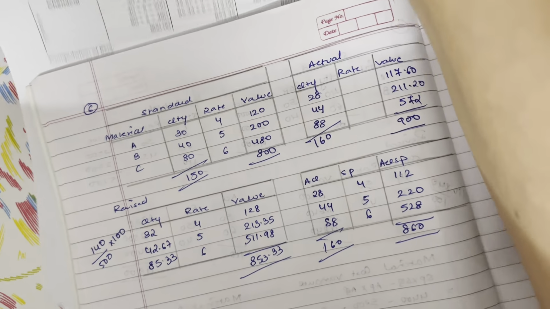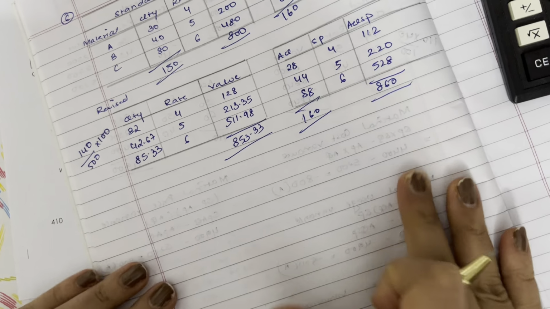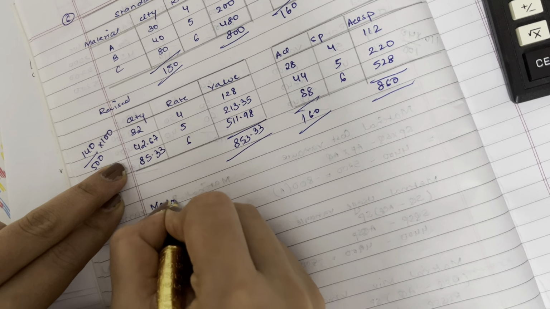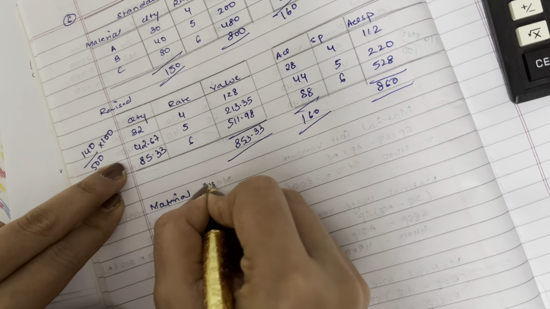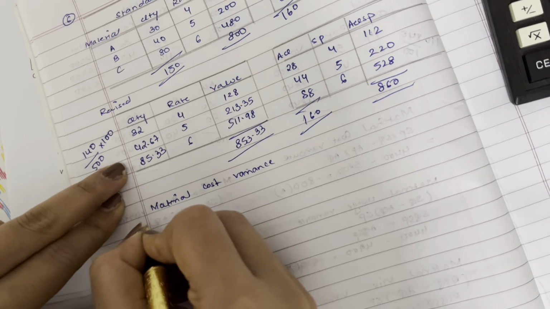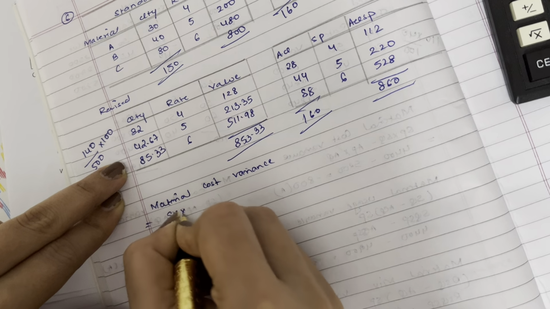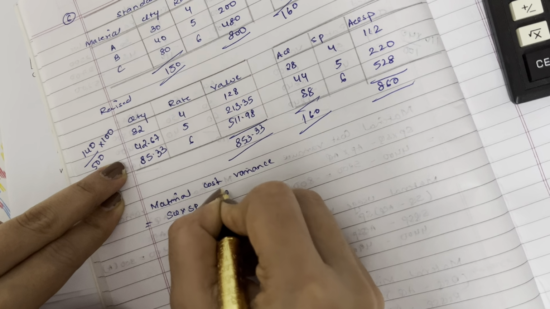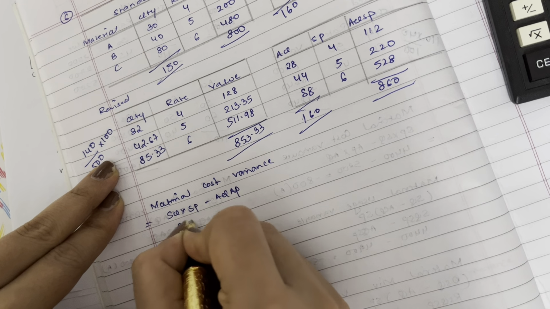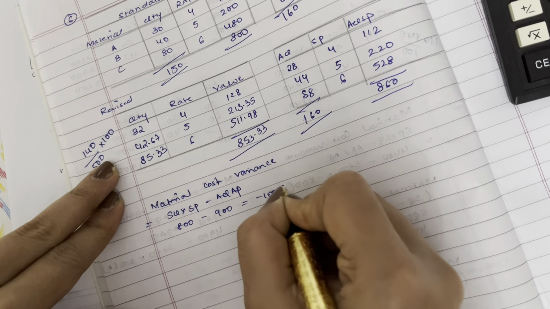Now the formula part. Material cost variance, which will be standard quantity into standard price minus actual quantity actual price, which will be 800 minus 900, which is minus 100 adverse.